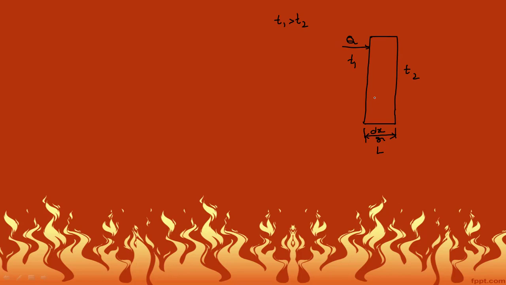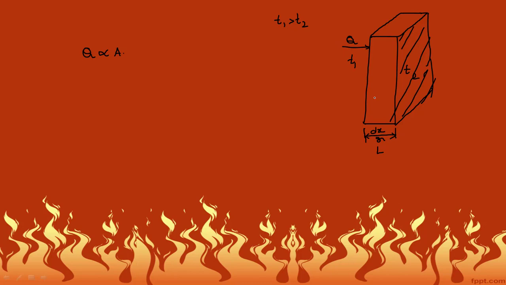Now, according to Fourier's law of heat conduction, it states that heat transferred Q is directly proportional to the area perpendicular to the heat flow direction. So if we consider this as a three-dimensional bar like this, the area that is perpendicular to the heat flow direction, we need to consider this particular area.